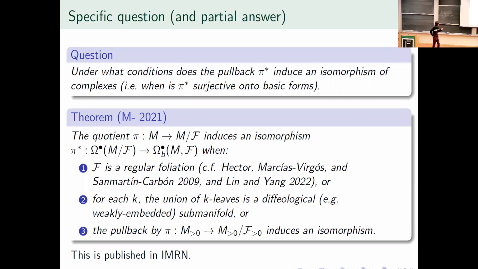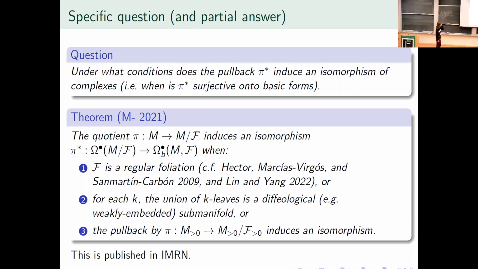More generally, though, we can now go to singular foliations, and the following condition suffices. So for each k, for each dimension of the leaves, look at all the leaves of that dimension, take the union, so it's a subset of the manifold, and require that this union is a submanifold. Now, I'm a bit general in what I mean by submanifold, but we can just take weakly embedded, or you can think embedded if you want.